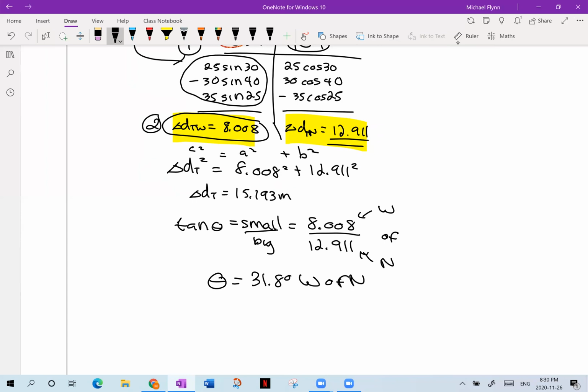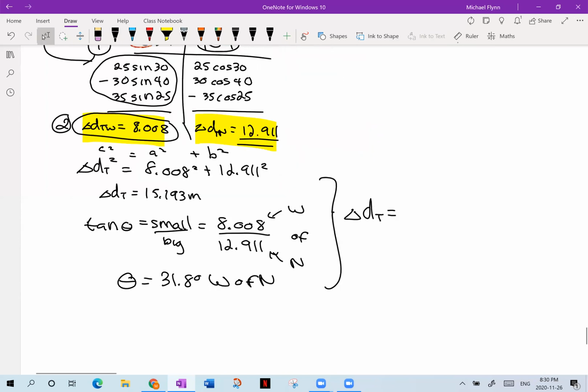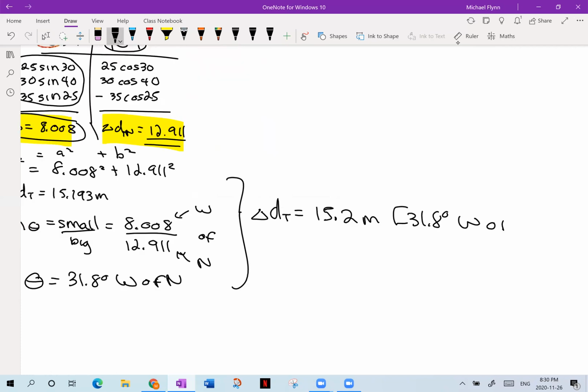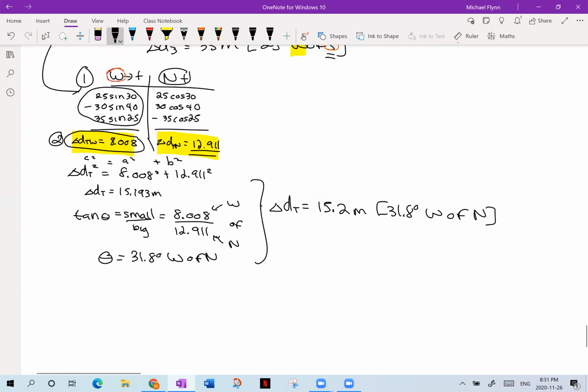Okay, so now just to summarize everything, therefore my total displacement is 15.2 meters. I'll just round it now to 15.2, and it's 31.8 degrees west of north. Wonderful. Okay, there you have it. So that's how you do a total displacement problem where you're adding three vectors.